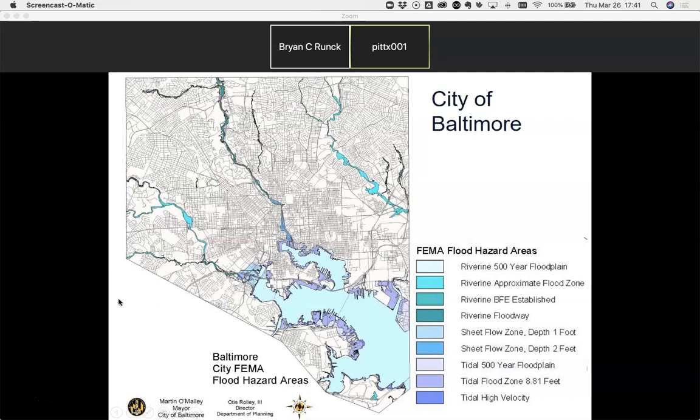And then the areas in purple immediately adjacent to the Baltimore Harbor in the light blue represent those areas that are inundated by tidal surge that's associated with different kinds of storm events. And so we can see the tidal 500-year floodplain represents those areas that would be inundated by flood surge associated with a 500-year storm event.